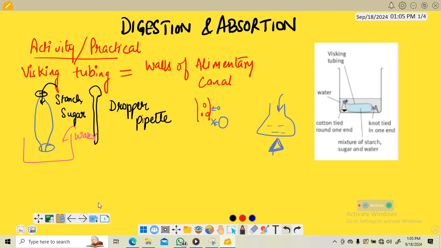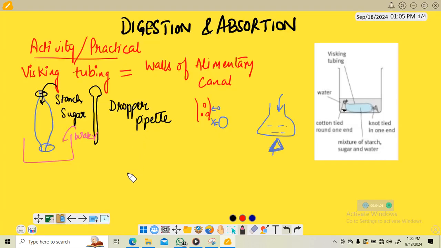Now what happens is a process called diffusion.